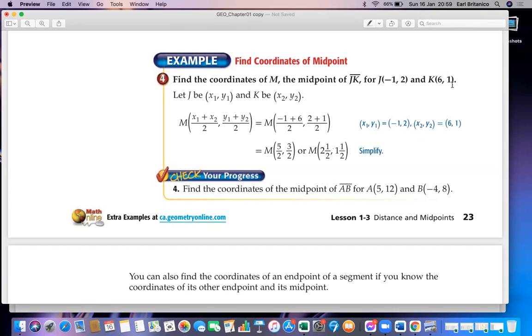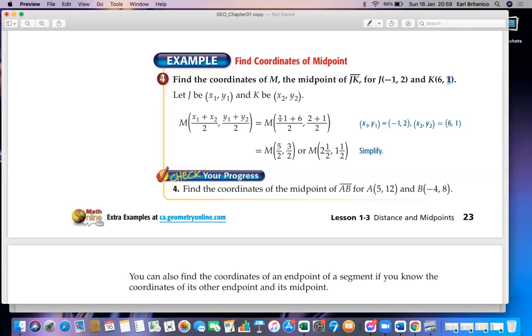It does not matter. You can have the 6 and 1 be x1, y1, and then this 2 is x2, y2. Just be consistent. Like here, this is our x1, this is our y1, this is our x2, 6 is our x2, then 1 is our y2.